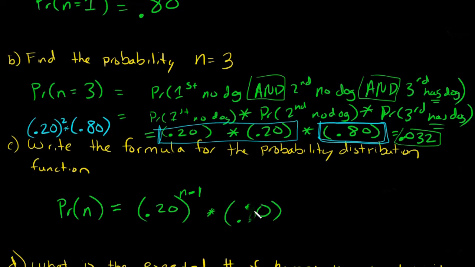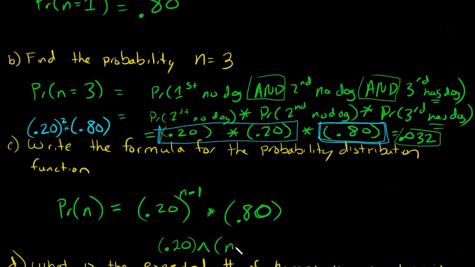So the success gets tacked onto the back. Let me erase that and make that a little clearer. Okay. So I have n minus 1 failures and then the success out in the back. And this is a multiplication symbol. Now, if you're plugging this into WebAssign or trying to type this out using a computer, the way you write this n minus 1 in the exponent is you write 0.20 in parentheses, then the caret, which is shift and the number 6 on your keyboard, and that means exponent.